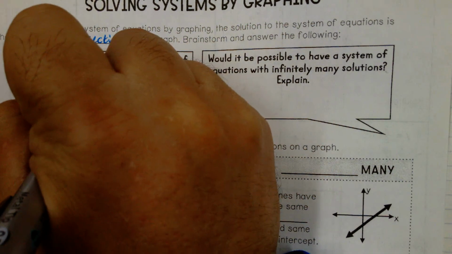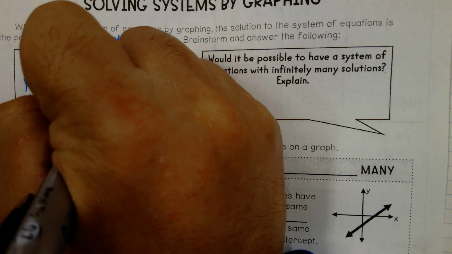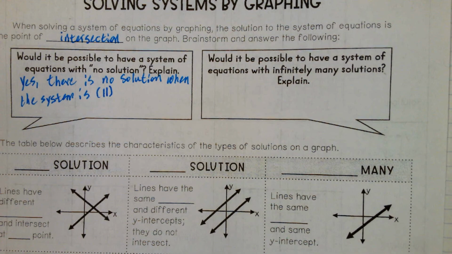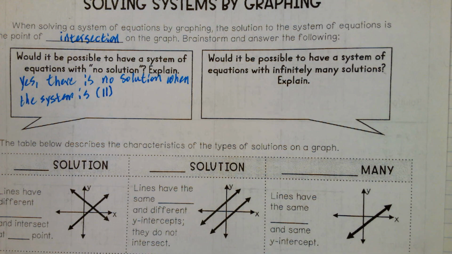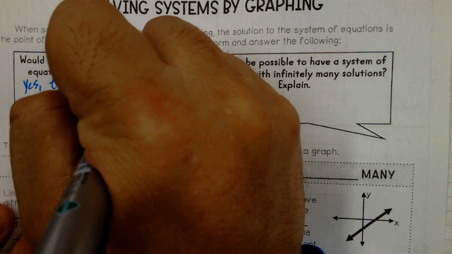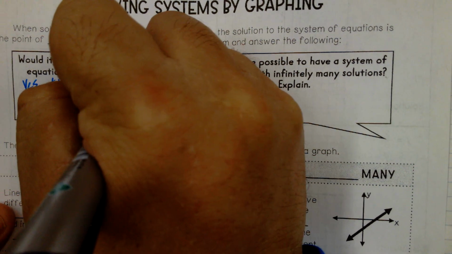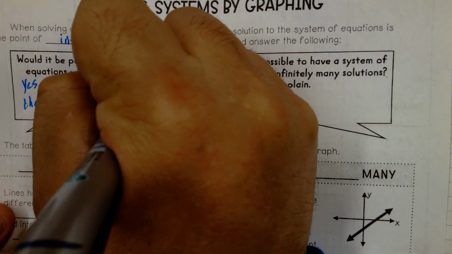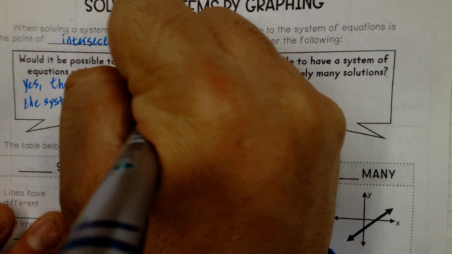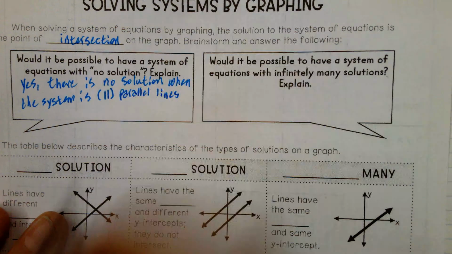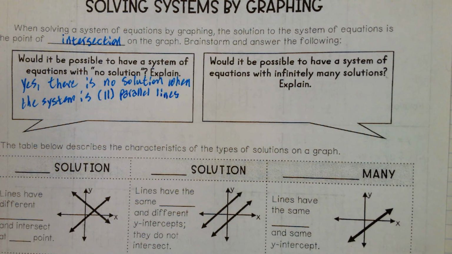I'm going to write in parentheses two little bars like that. This is the mathematical symbol for parallel. So from now on, if you see me write that, it means parallel. It's a little shortcut. There is parallel lines. Okay, focus on this, please.